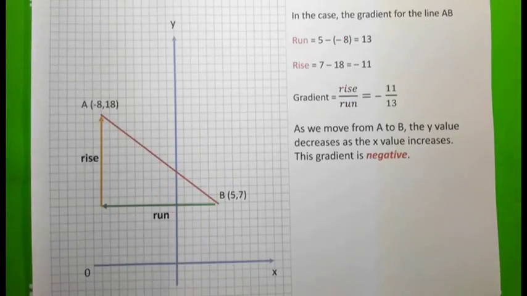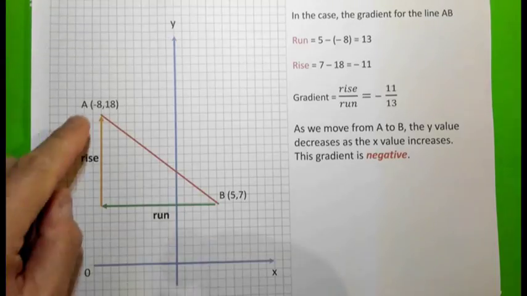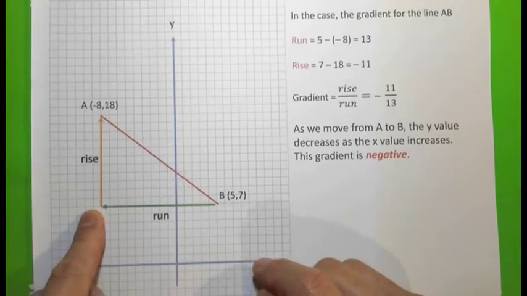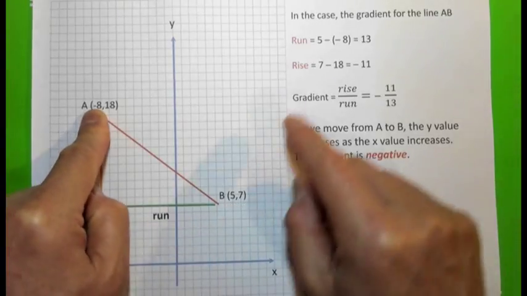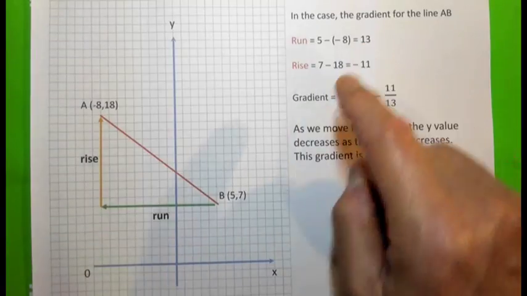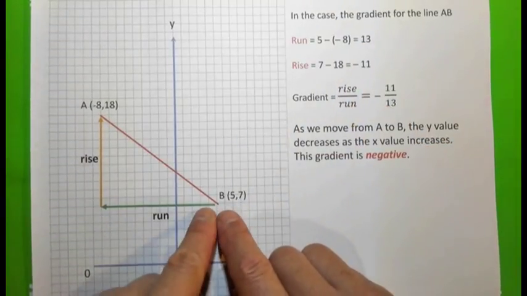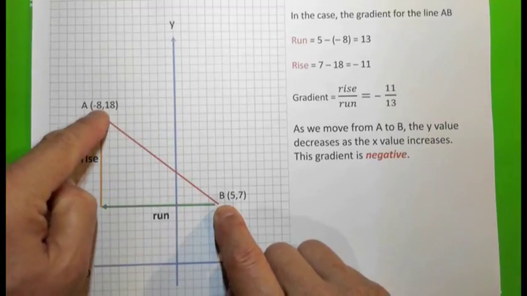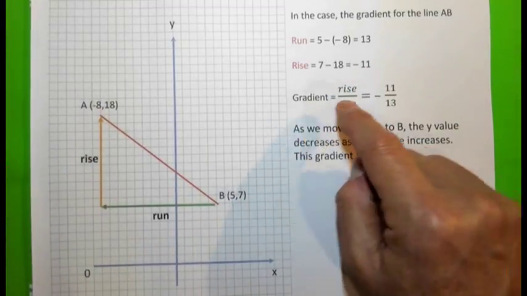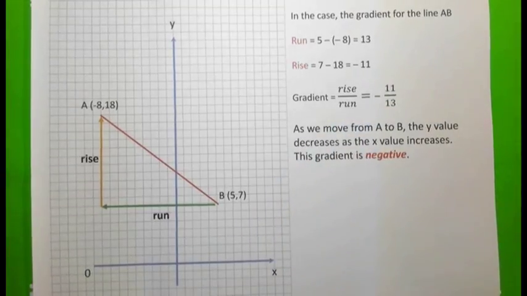Have a look at a different situation. We are looking for the gradient of the line AB. Therefore, the run is 5 minus 8, which gives us 13. And the rise is 7 minus 18, which gives us minus 11. And the gradient therefore is minus 11 over 3.